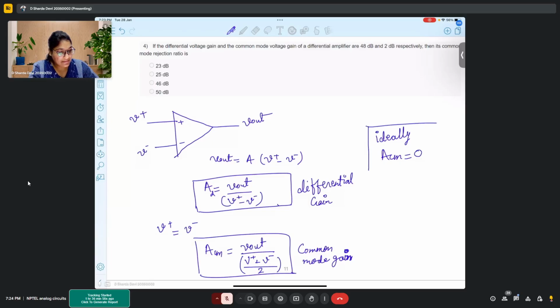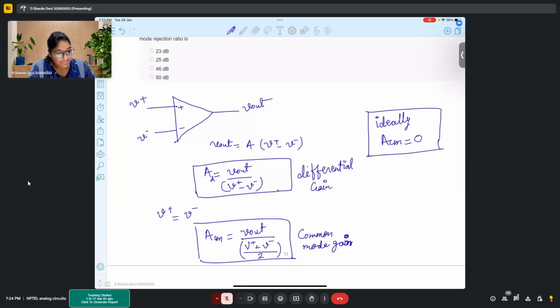Okay. So now when you say you have two types of gain and you have to find a factor that can represent your circuit's condition, right? Overall condition, which can take charge of this AD and ACM as well.